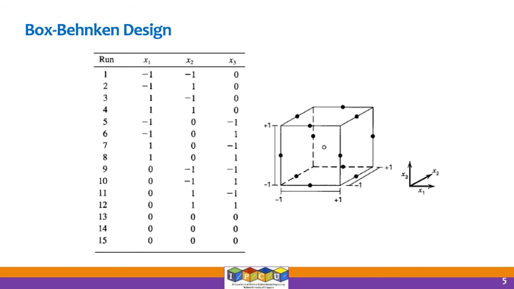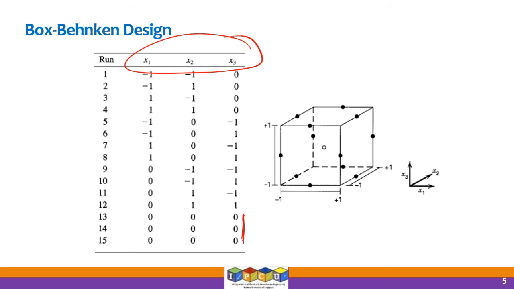Box Behnken design we have already seen. The experimental points are located at the surface of a sphere. For example, if it is a three-dimensional search space involving 3 factors x1, x2, and x3, you have a sphere of radius square root of 2. On this sphere, you have the experimental points located, with some experiments run in replicates located at the center of the sphere, right?